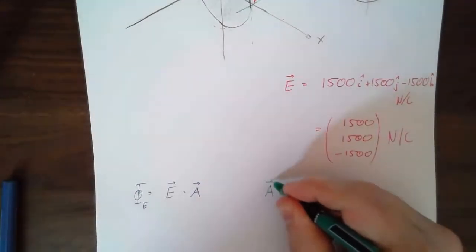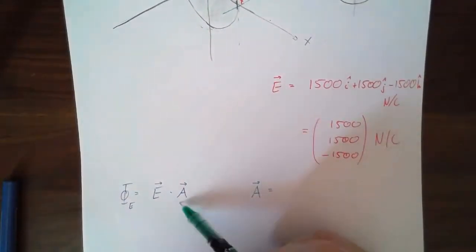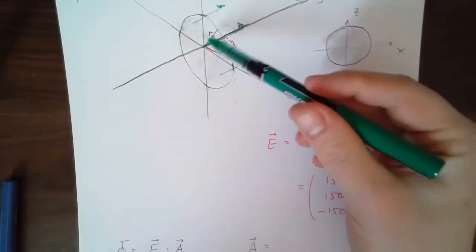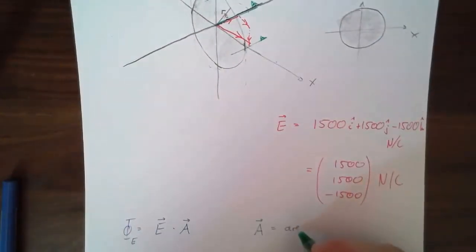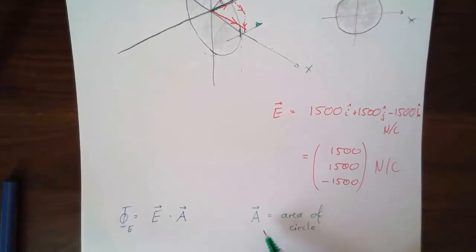Let's write this down. A is going to be equal to the magnitude of A, which is just the area of this circle. So you can figure out what that is. Area of a circle, because you know the radius, and again make sure you convert to meters. We get something in meters squared.